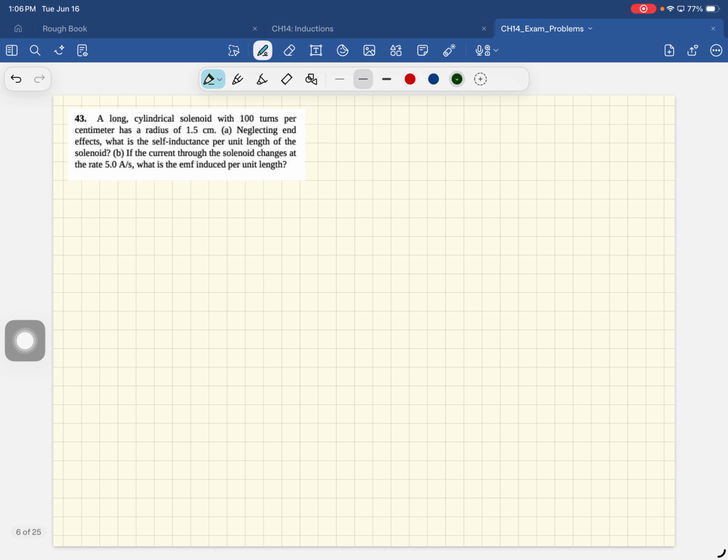At the instant a current of 0.2 amps is flowing through a coil of wire, the energy stored in its magnetic field is that much. What is the self-inductance of the coil? The energy stored is given by 1/2 L i squared.